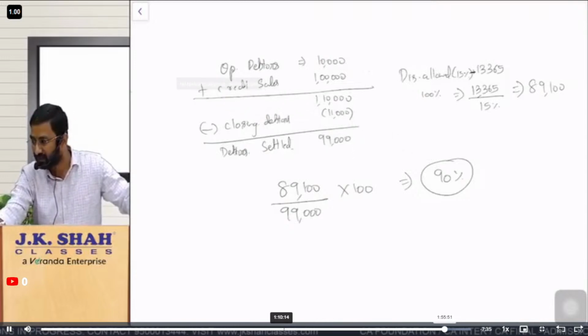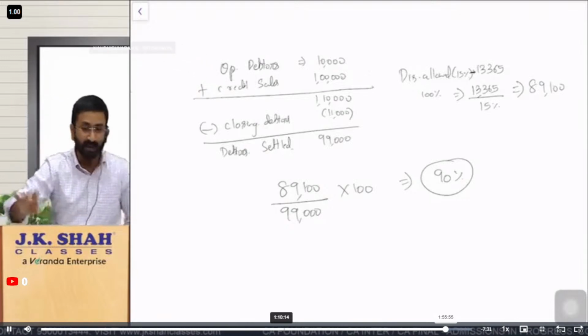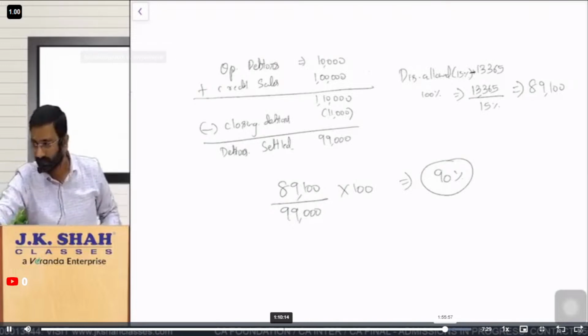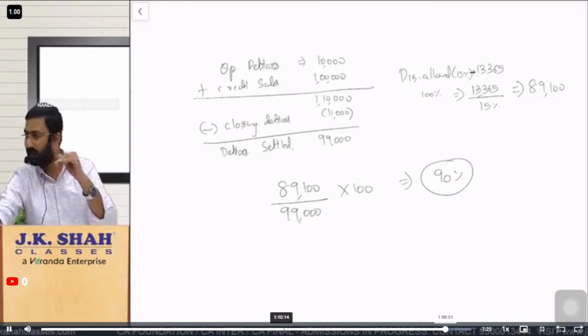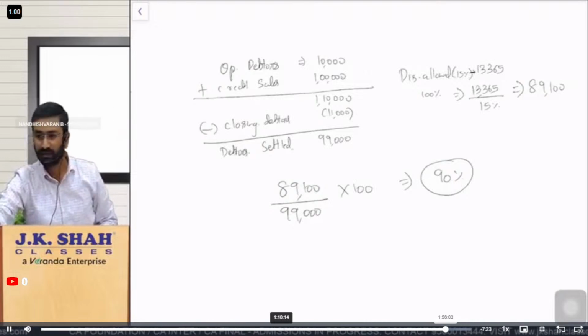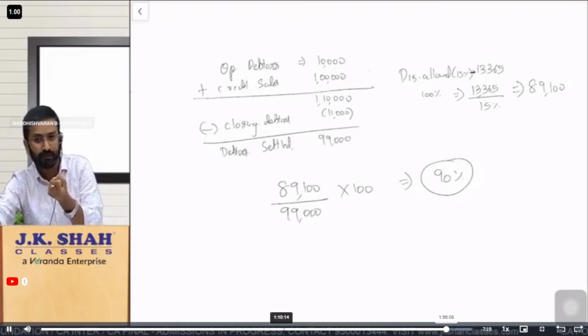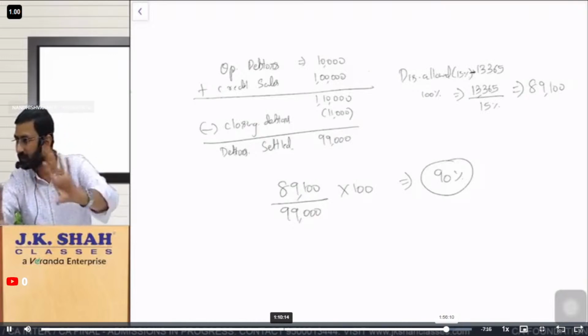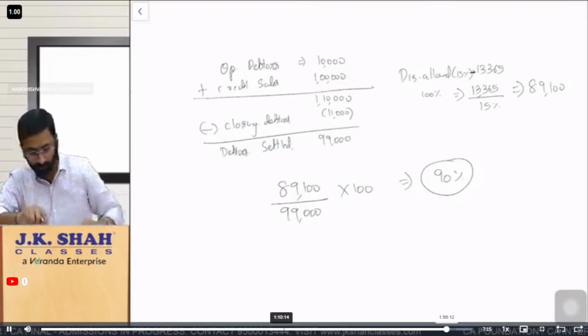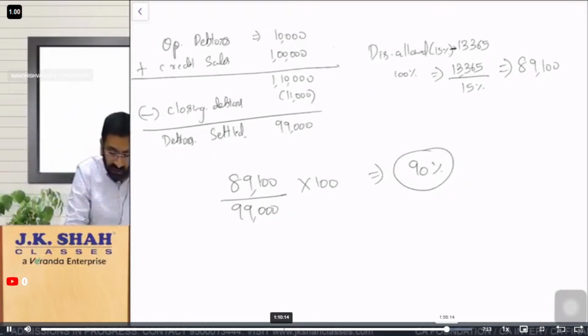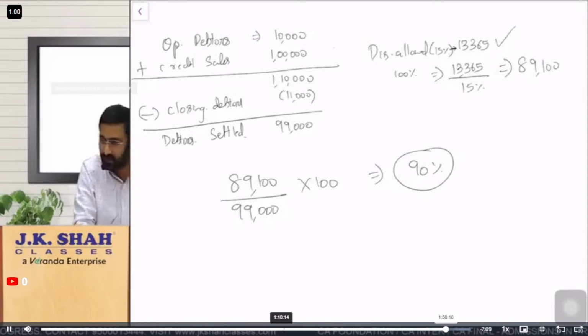I'm explaining this part once again. Please concentrate. Our opening debtors: 10,000. We sold again 1 lakh, so it's supposed to be 110,000. But closing is only 11,000, which means how much is settled? 99,000. That part is clear. During the year, we gave a discount of 13,365, which is 15%.